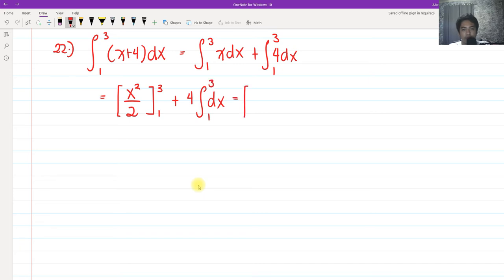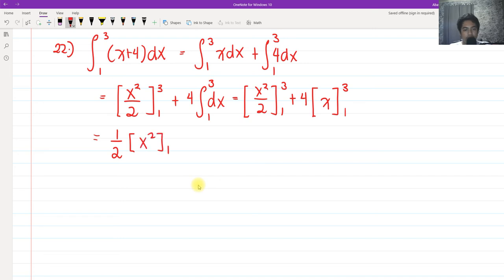Let me just rewrite this. We have x squared all over 2 evaluated from 1 to 3 plus 4 multiplied by the integral of dx, which is simply x evaluated from 1 to 3. As I have said, we have 1/2 here and we can factor it out. Then we have x squared evaluated from 1 to 3, and 4 times x evaluated from 1 to 3.